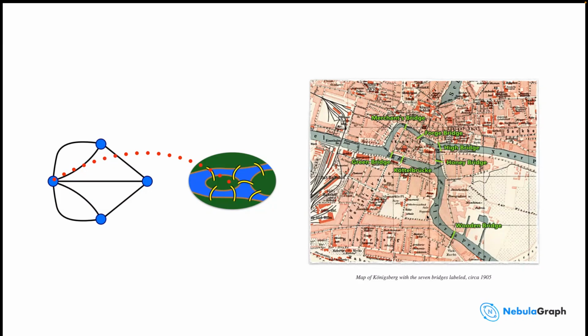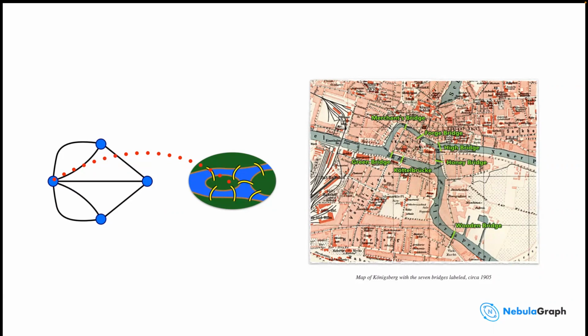At that time, there were 7 bridges across the rivers, and that made a segmentation of the land into a couple of different parts. People were asking: is there a traversal pattern where we can walk through all the lands without repeating a walk on any bridge?